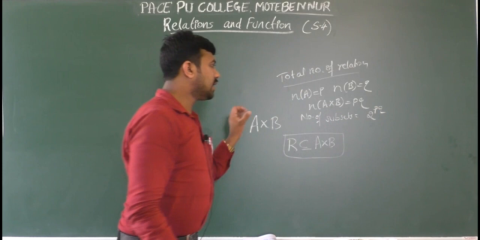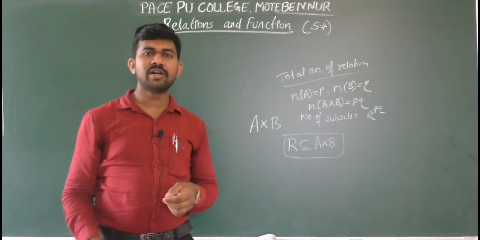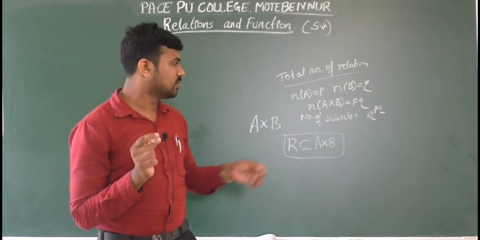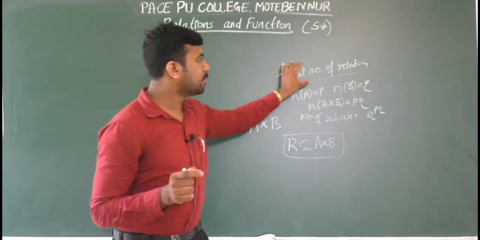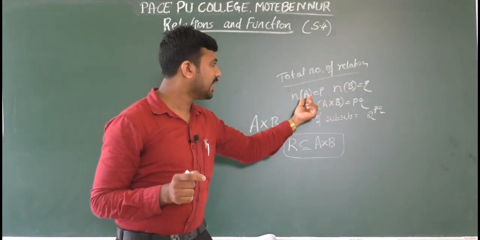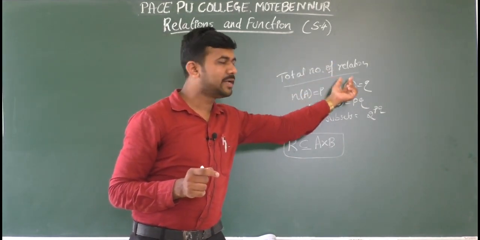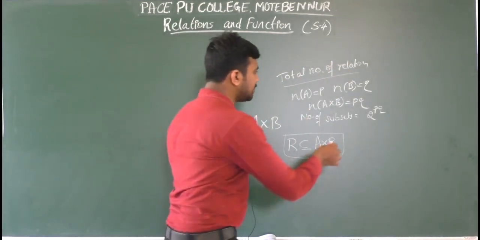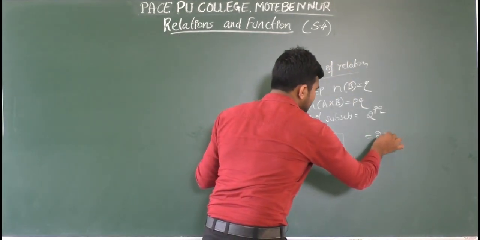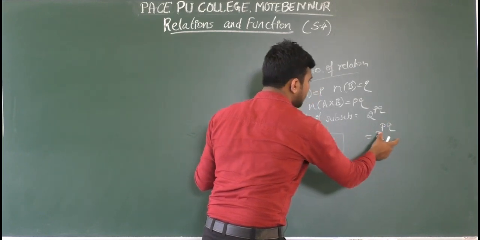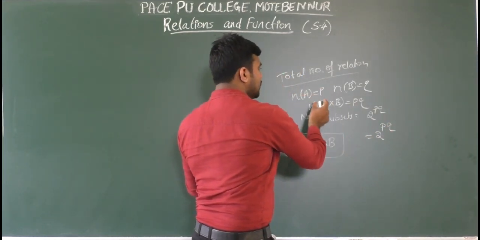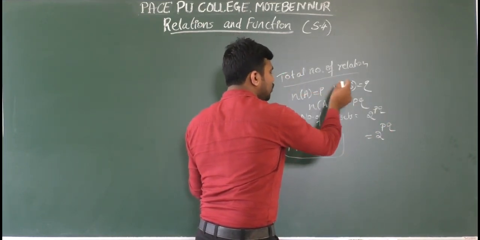We know the subsets of the Cartesian product are nothing but relations, so the number of relations from A to B is 2 to the power PQ.